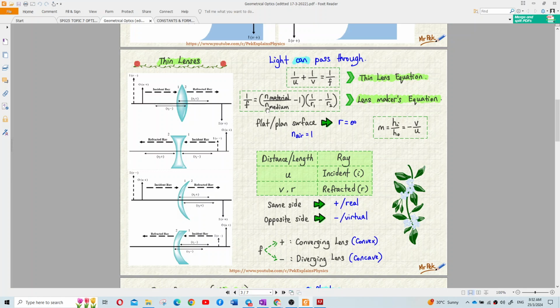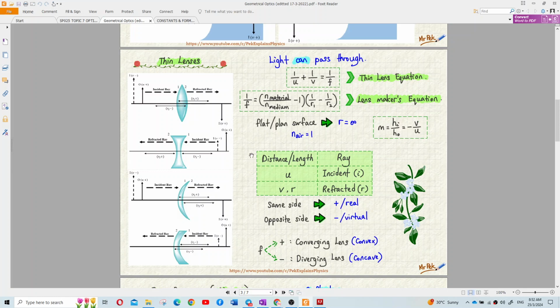Only the extra is the Lensmaker equation. Something extra, the Lensmaker equation. Okay, and I think that's it. Last, the magnification also uses the same formula: height of image over height of object, equal to negative v over u.